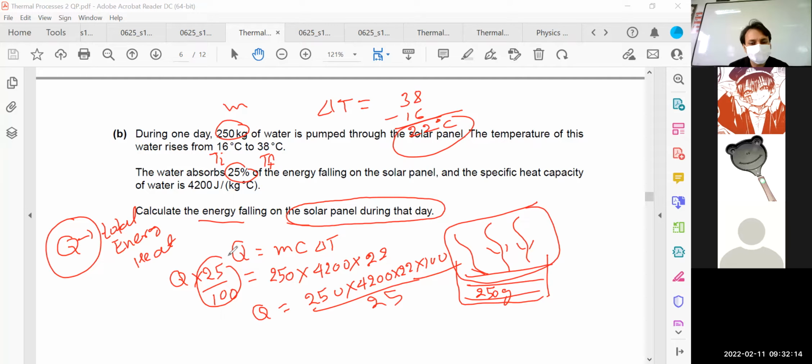The answer is 10,164,000. Sorry, I couldn't hear. Kezia, can you spell each digit? Should I repeat the answer, sir? Yes, one by one, each digit.